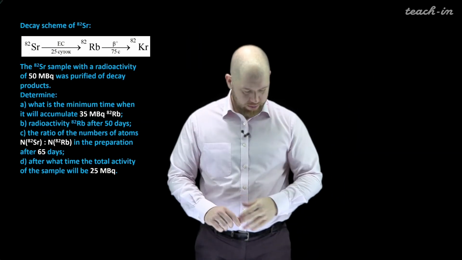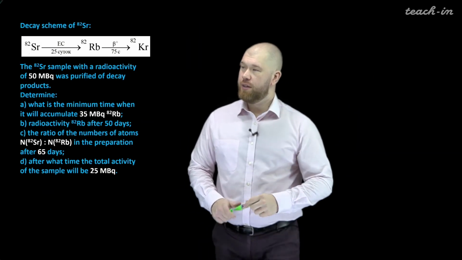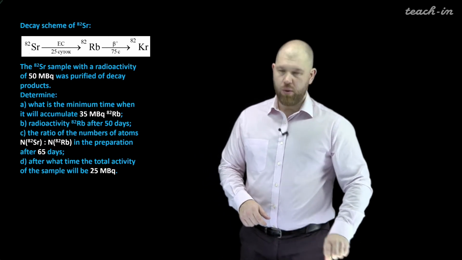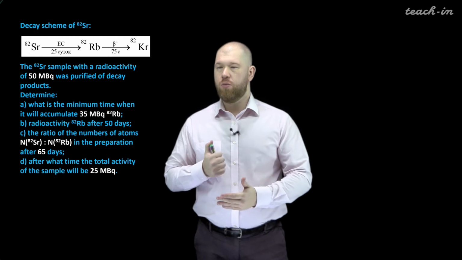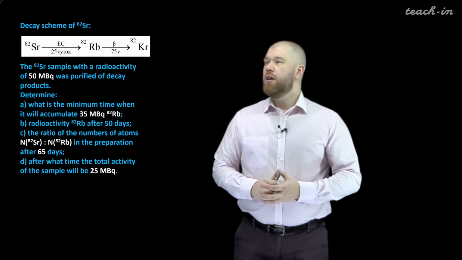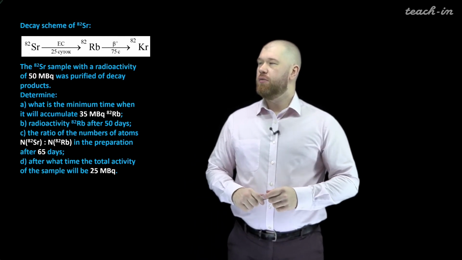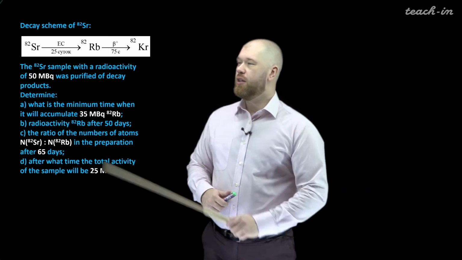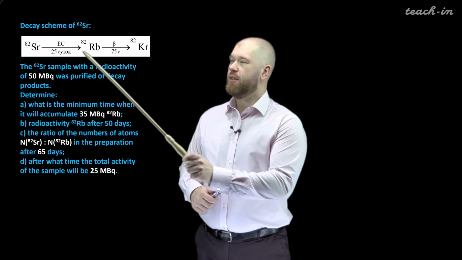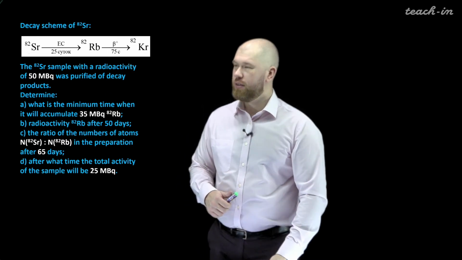So now we have a decay scheme. We have a chain of radioactive decay, and in this case we can see, sorry, it's not in English, but here it's 25 days and here it's 75 seconds.